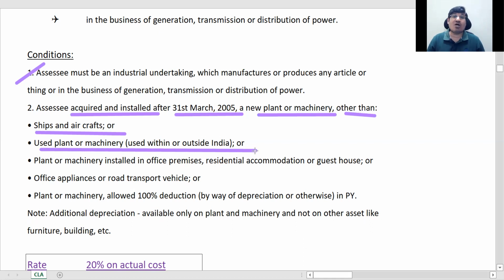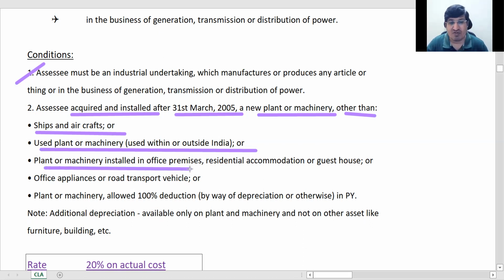Even if it was used outside India, but an Indian has purchased it and it is being used in India for the first time, still it is considered used because it is used somewhere. So for used plant or machinery, no additional depreciation. Ships and aircrafts, no additional depreciation.